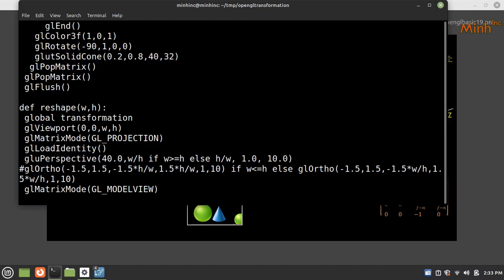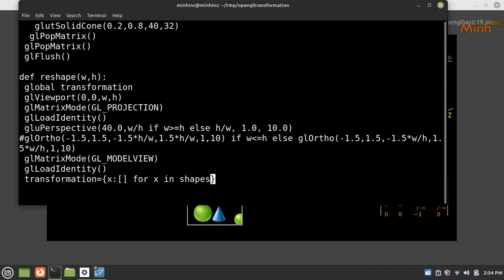So up and down, top and bottom, is covered by 40-40. Left is covered by width by height, left and right, and near and far is 1 and 10, like in GL ortho, minus 5 to 5 left and right. Okay, bottom to top, near and far. If width is less than height, if width is greater than height, minus 0.5. Width by height 1.5, width by height 1 to 10.